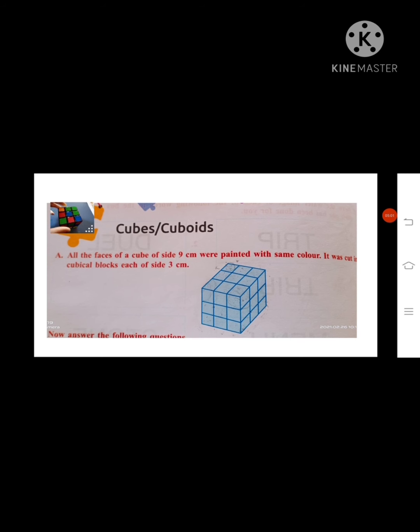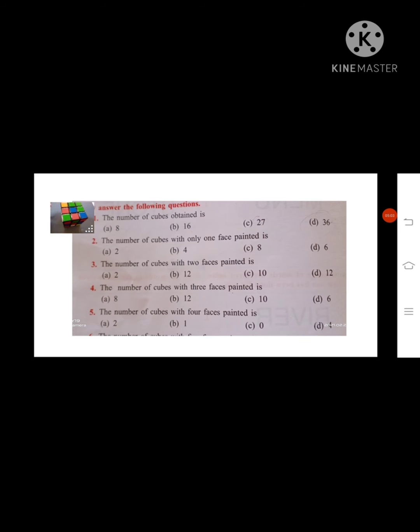So what is our question? Our question is: the number of cubes obtained. Suppose a 9 centimeter cube is cut into 3 centimeter cubes on each side. So how many cubes will there be in total?